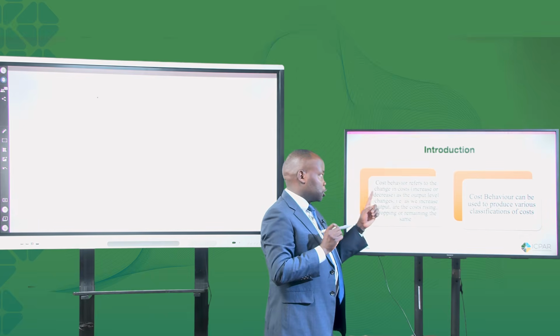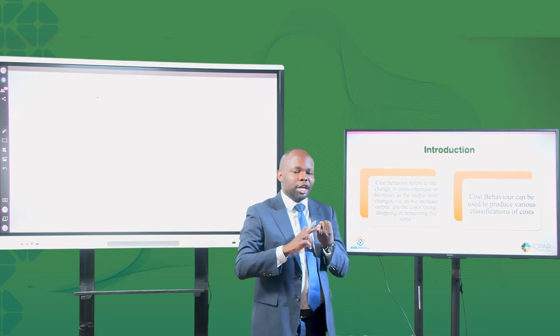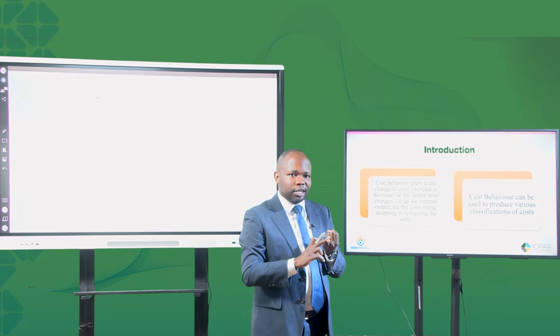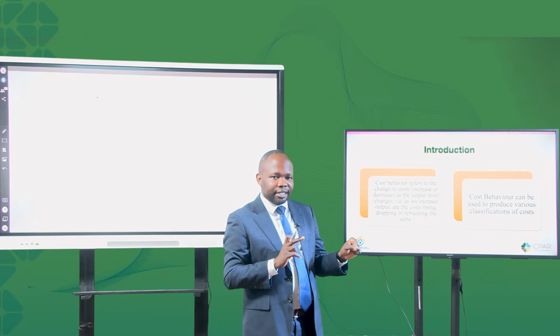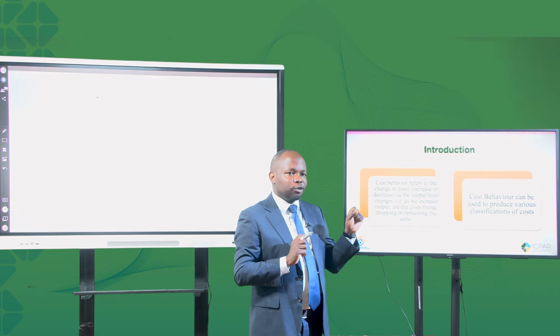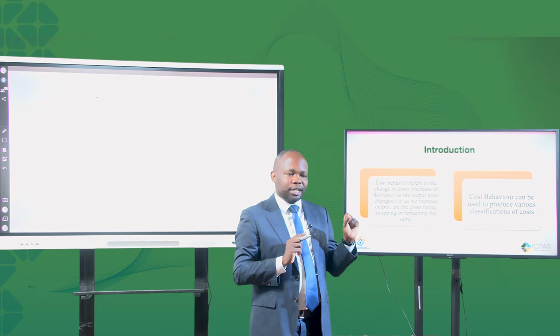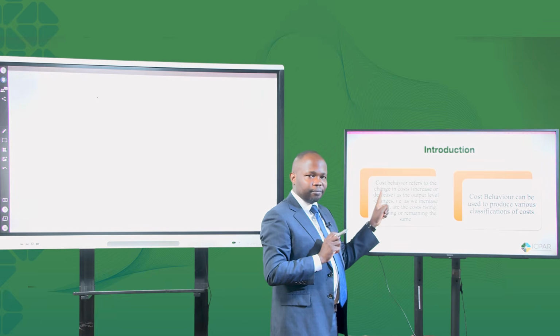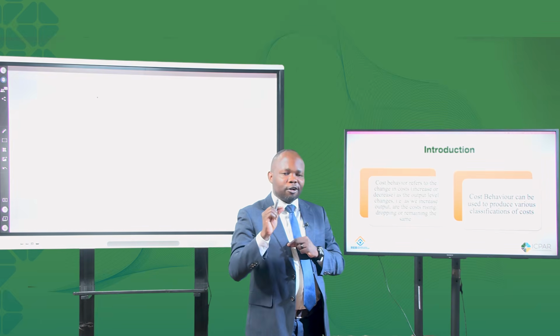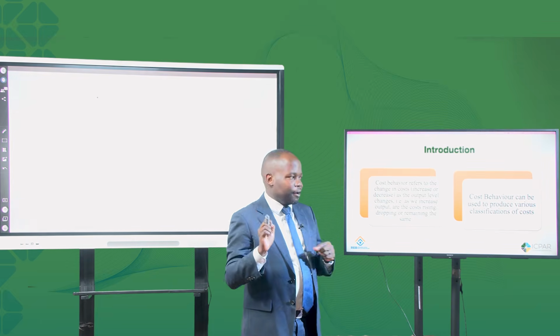There are relationships where when the activity increases, cost is increasing, or when activity increases, cost is decreasing. This reaction of cost to change in activity is what we call cost behavior. There are 4 types of cost behavior.